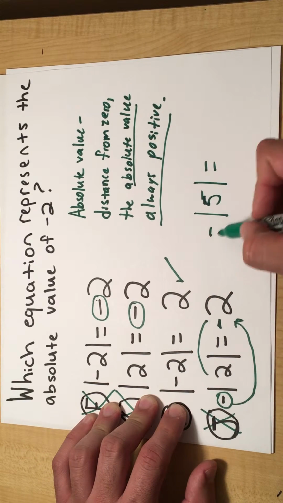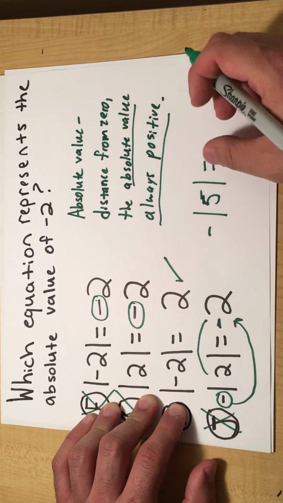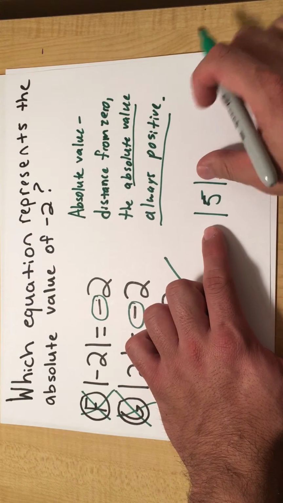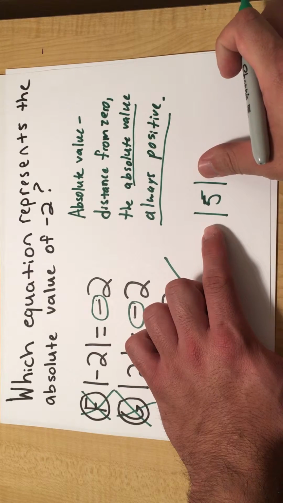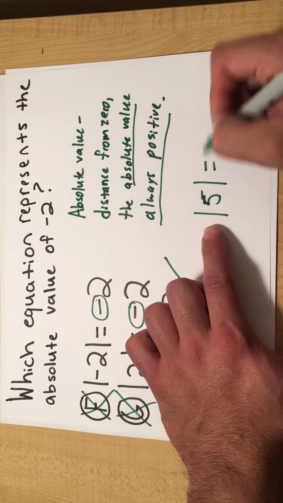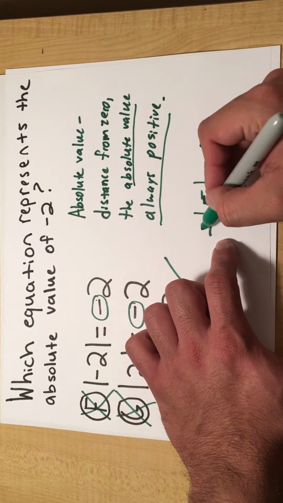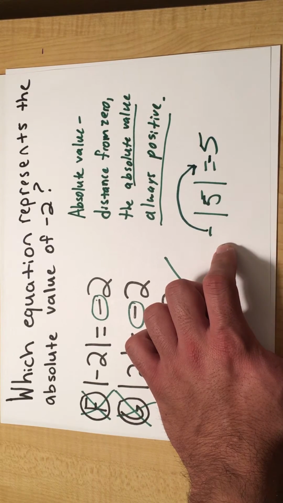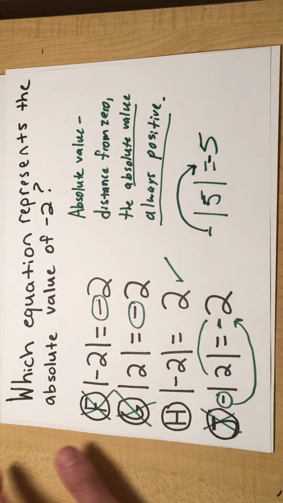But here, do you guys notice how the negative sign is outside of the absolute value lines? So what we do is we first start by taking the absolute value of what's inside, which is equal to 5, right? The absolute value of 5 is 5. And then we carry over the negative. So this here would be -5. Okay? So our answer here would be H.